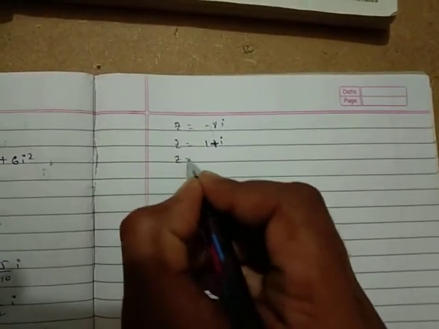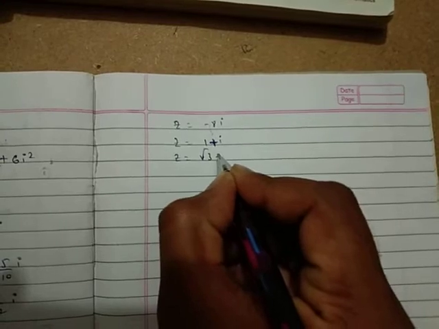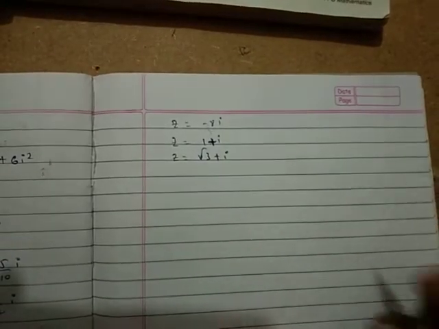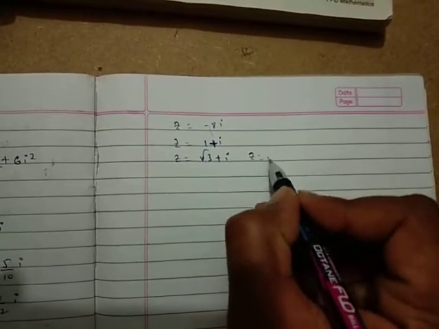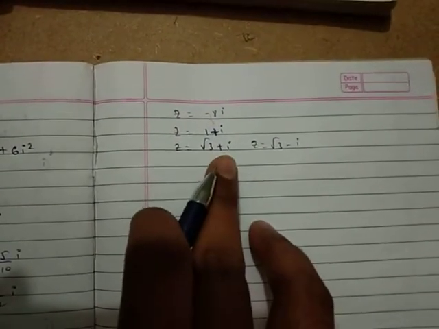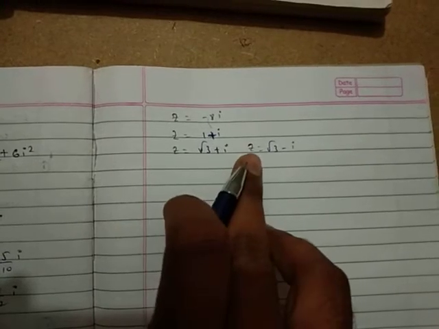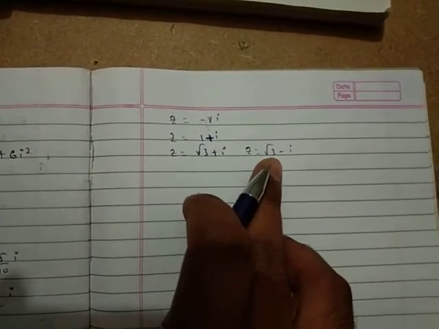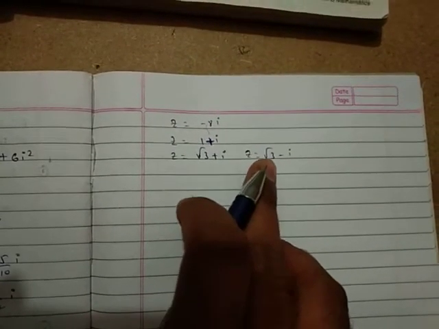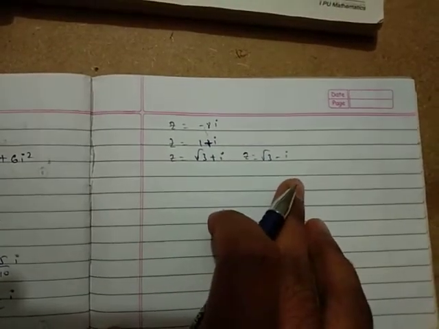The next one is z is equal to root 3 plus i, or we can say z is equal to root 3 minus i. We need to verify these two, analyze them, and find the value of r as well as theta.